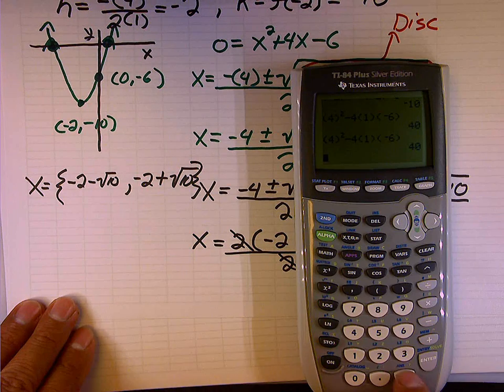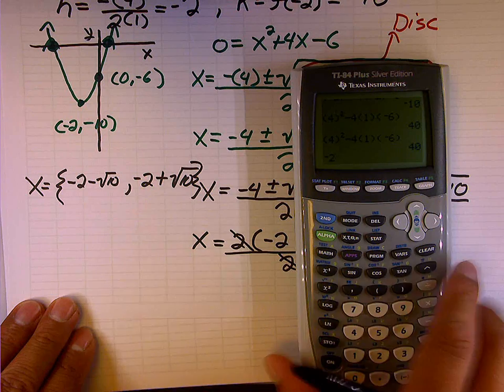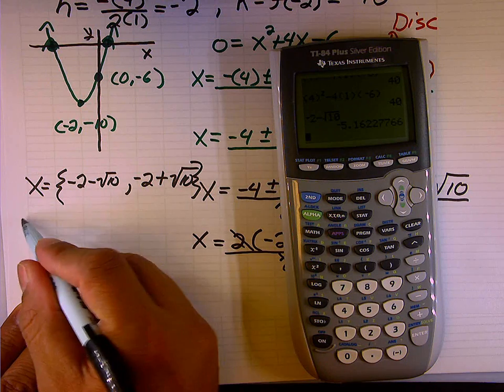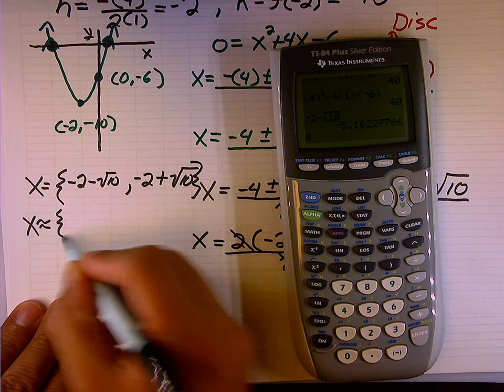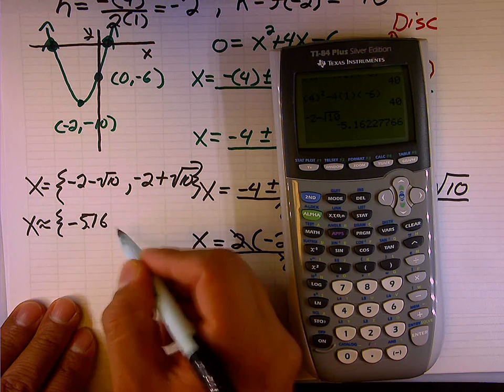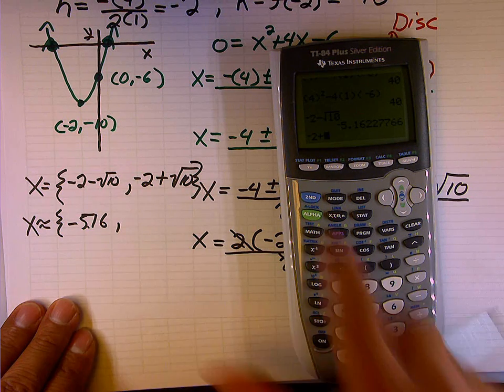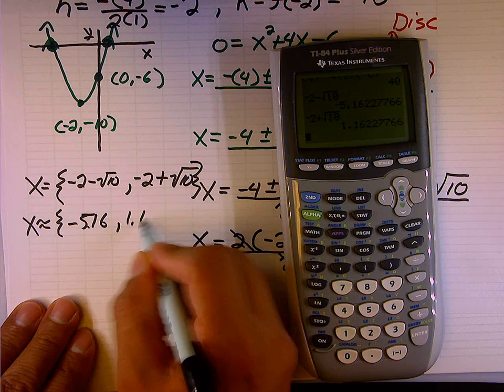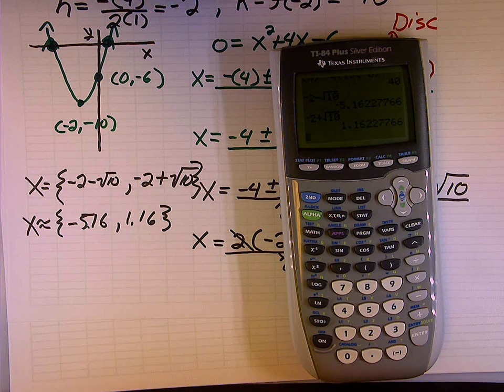I'll go ahead and plug those in my calculator to get a decimal approximation. -2 minus the square root of 10 is, so this is my approximation, -5.16, and -2 plus the square root of 10 is 1.16 approximately, which should match basically what I have on the graph already. So the values should look reasonably close to what I made on my rough graph.